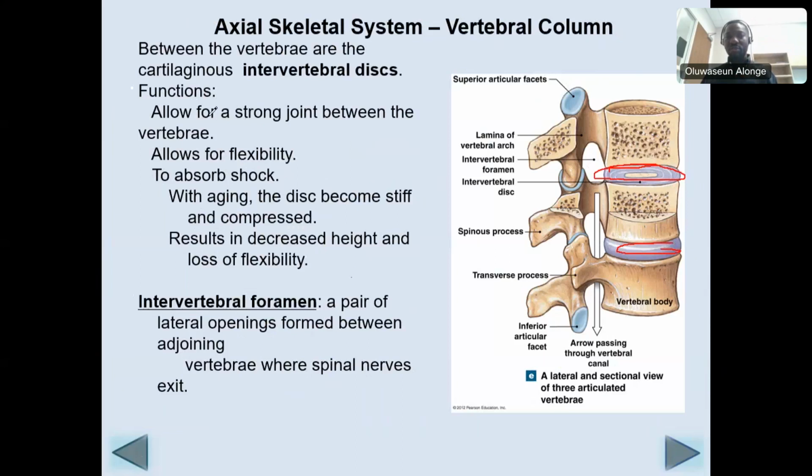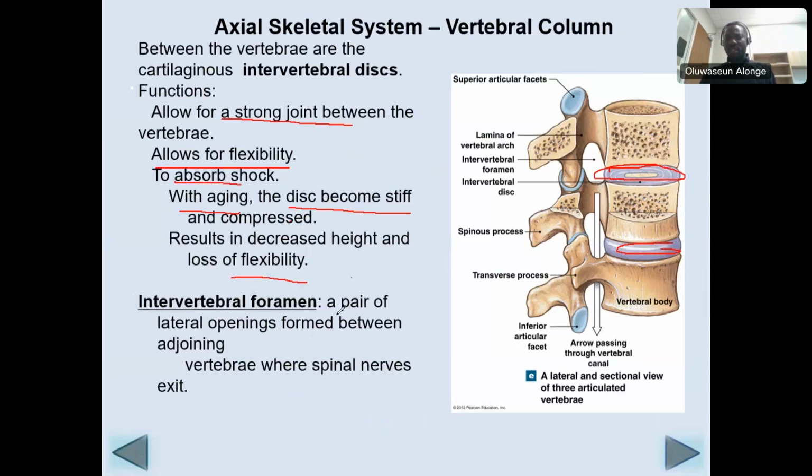So it allows for strong joints between the vertebrae. Now, these discs are made up of cartilage, and it's called fibrocartilage. All right. Now, it allows flexibility and absorbs shock. With aging, the disc becomes stiff and compressed because of pressure, and this results in decreased height over time and loss of flexibility. So back pain is usually predominant at older ages.